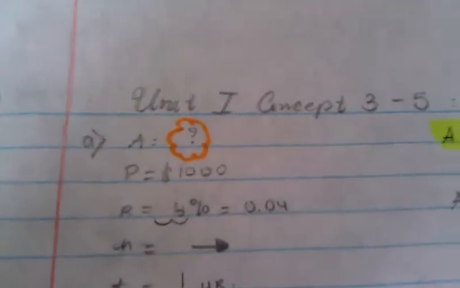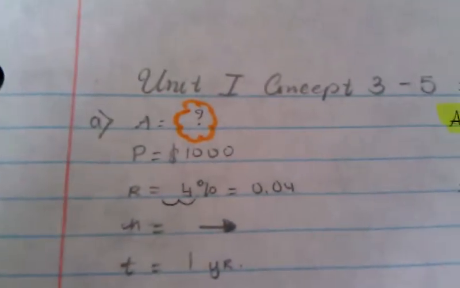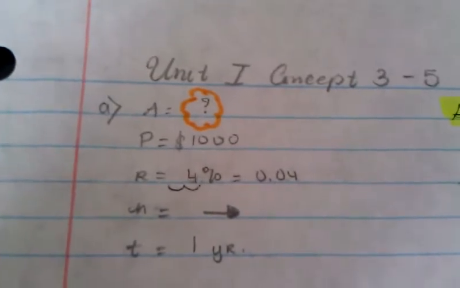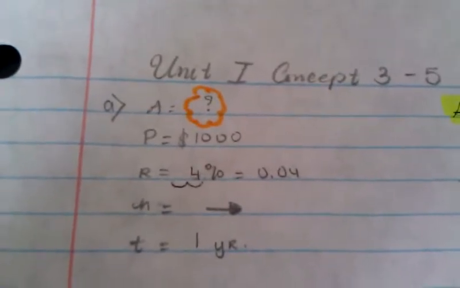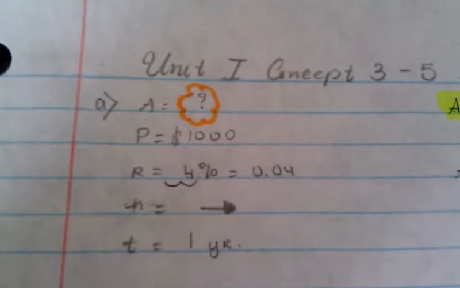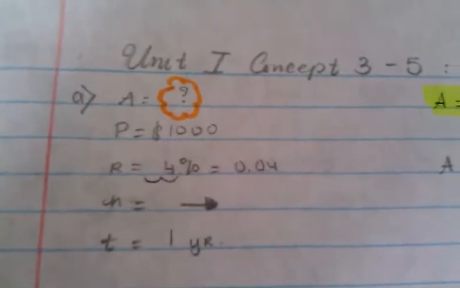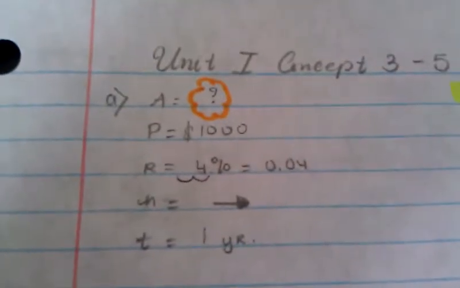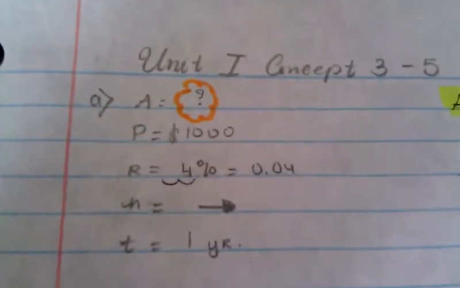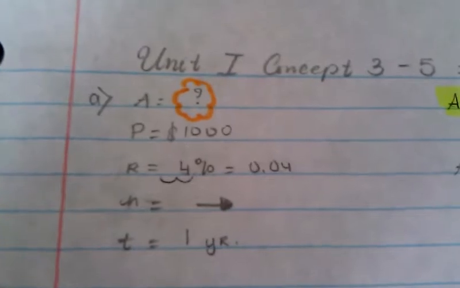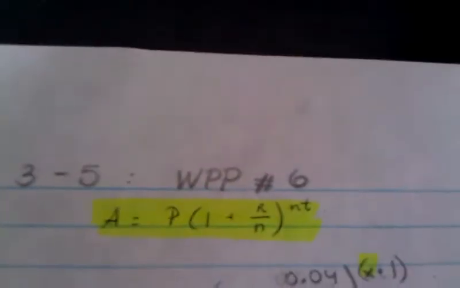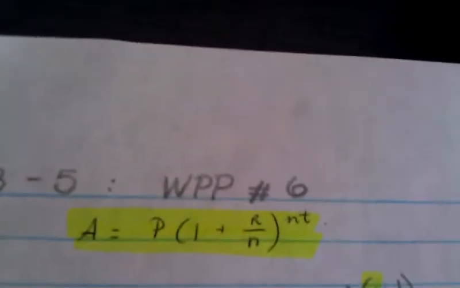N is daily, monthly, weekly, yearly, and semi-annually, so I will put that in later. And for T, which is time, I put in 1 year, which is 12 months. To be able to find it, we need to use this formula for compound interest.